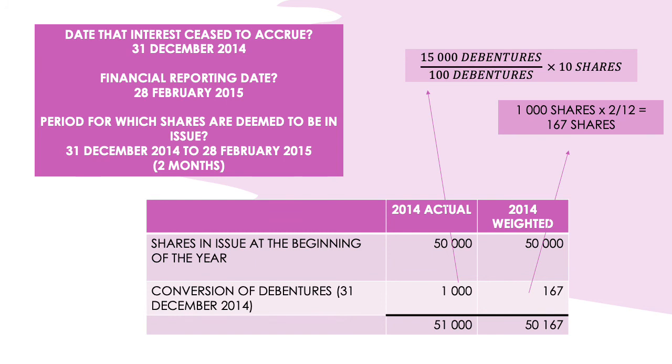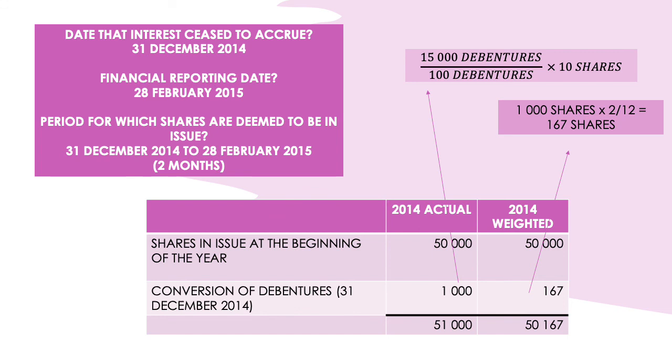Now, once again, when we calculate our WANZO, we have a column for the 2014 actual amount of shares and then a column for the weighted number of shares in 2014. We know that at the beginning of the 2014 financial year, the shares in issue amounted to 50,000 ordinary shares, so that is the actual amount of shares in the 2014 financial year. We also know that we had the full 50,000 shares for the entire financial year.